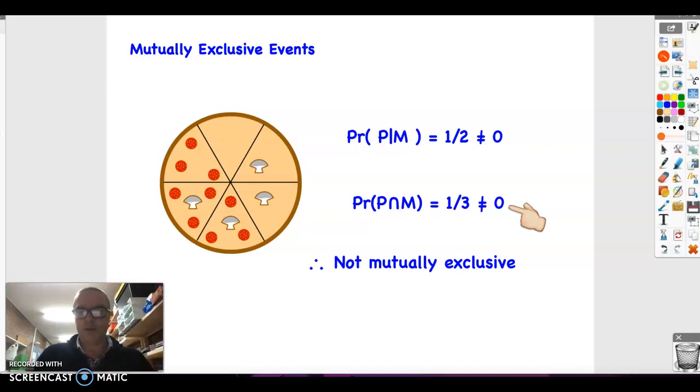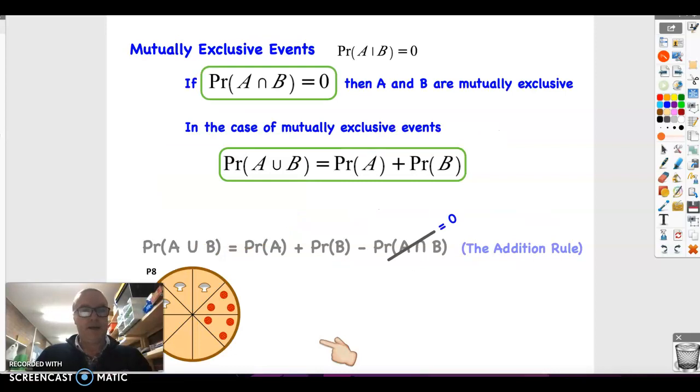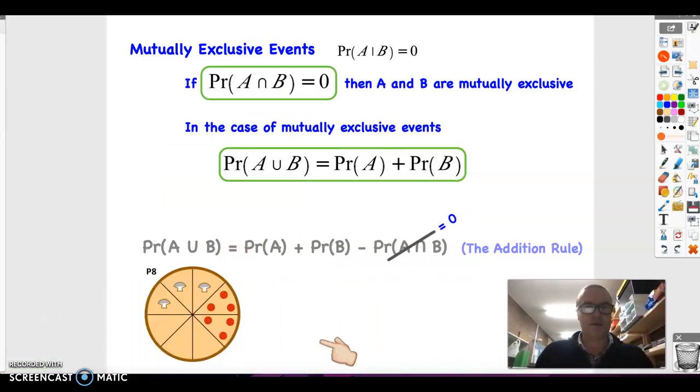So here we're looking at 2 events: the event of getting mushroom on your randomly selected piece, and the event of getting pepperoni. In this case, they are not mutually exclusive, because neither of those probabilities is equal to 0. And if one is equal to 0, the other one has to be equal to 0 as well. So just by way of summarising mutually exclusive events, generally this is the way we interpret the definition.